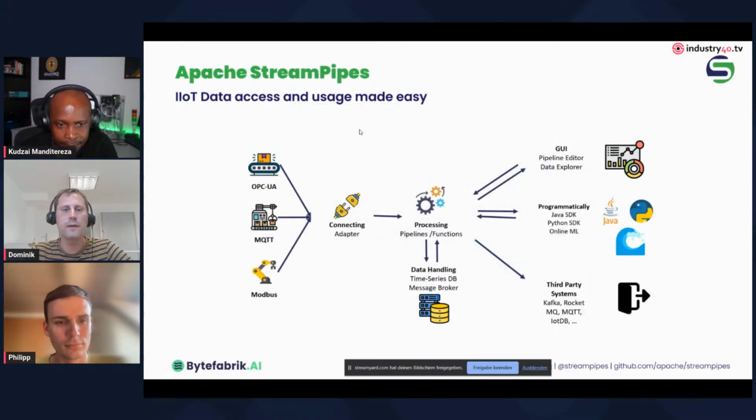From a technical perspective, Streampipes typically connects to data coming from OPC UA protocols, from MQTT, or from PLCs. And we're using an adapter library that makes it easy to access such data sources in real time. Data streams can be processed by a variety of data processing algorithms.